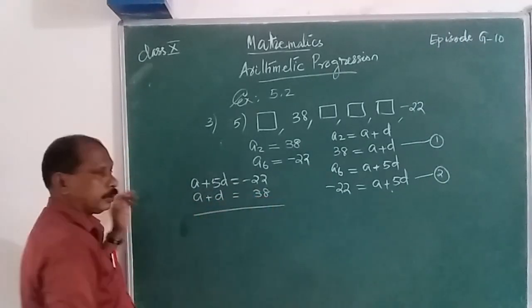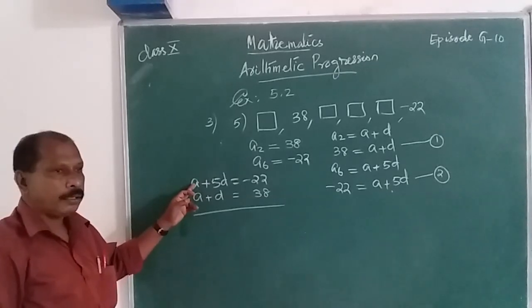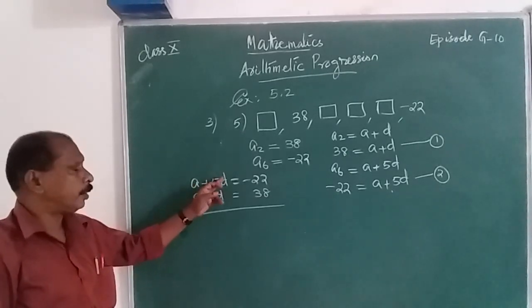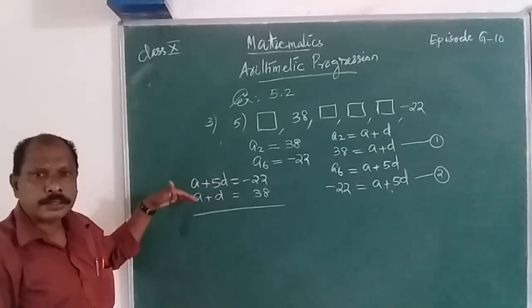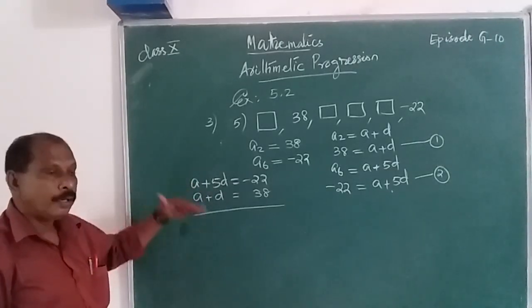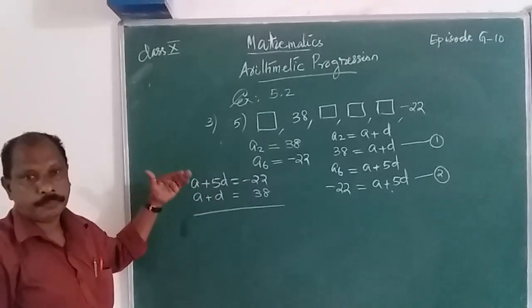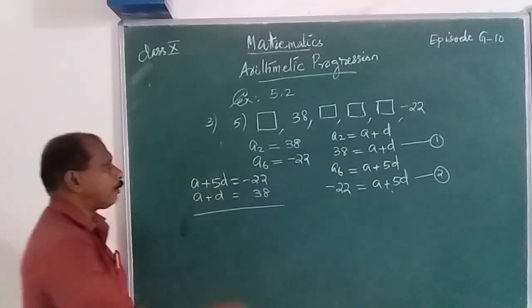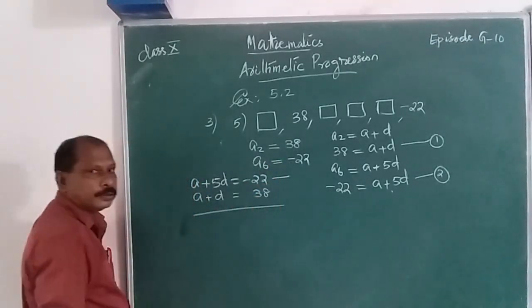The second equation is A plus 5D is equal to minus 22. There are two equations. The coefficient of A is the same. Therefore, subtracting, A minus A, what is it? 0. Therefore, subtracting, we can eliminate the variable A.